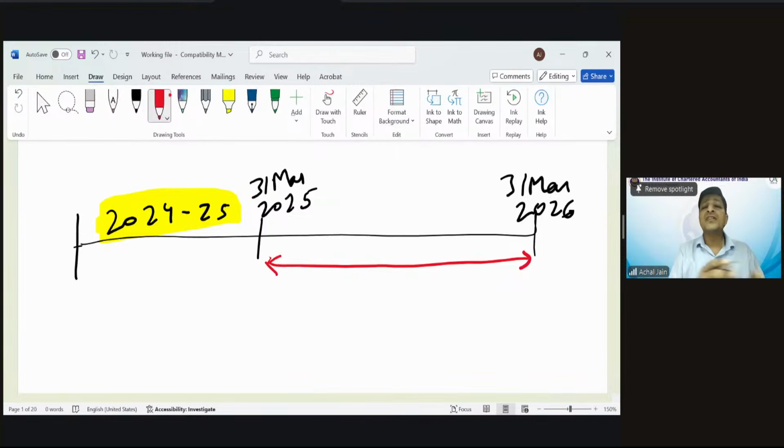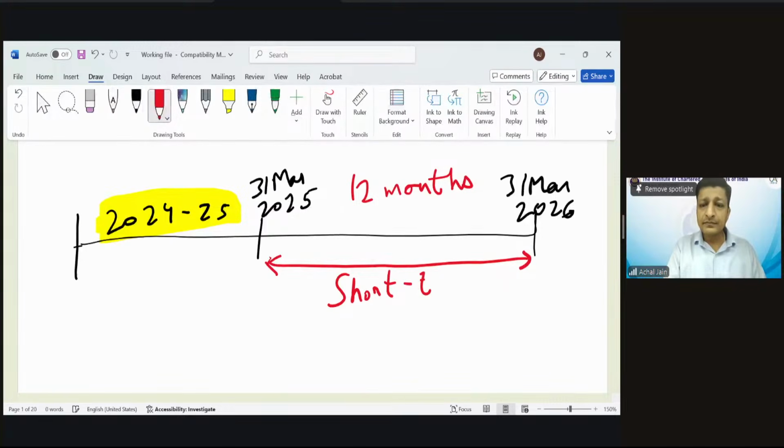So we are saying any benefit which is payable within 12 months from the balance sheet date, that is what you call a short-term employee benefit. Now, let's try to look at some examples for this.